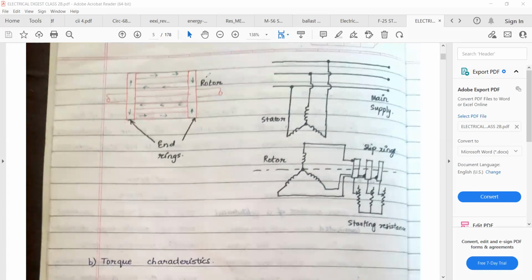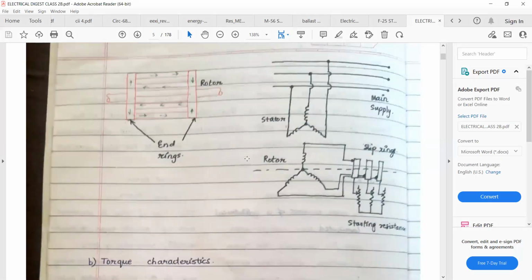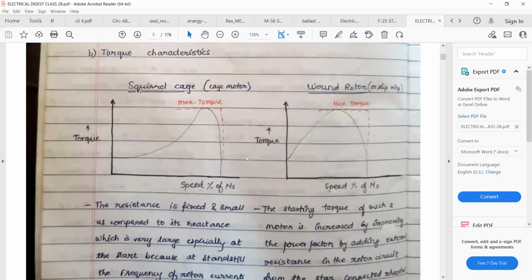Yes, sir. Diagrams are very important. Okay, just note down this diagram. Are you noting down, or you are just taking some screenshot and all? Sir, I'm taking screenshot. Okay, later I'll make them. Okay, no problem.